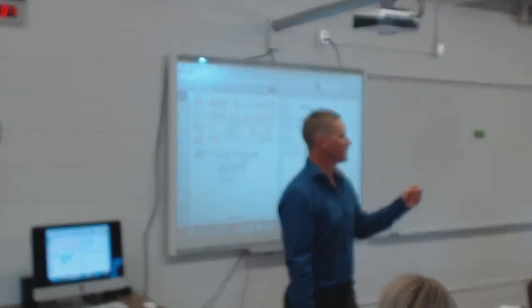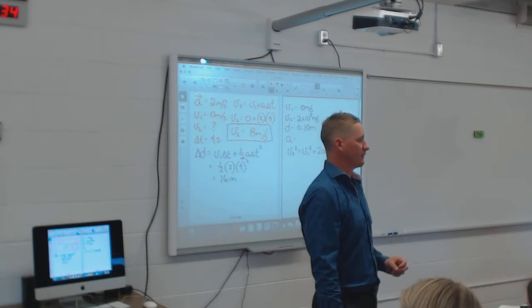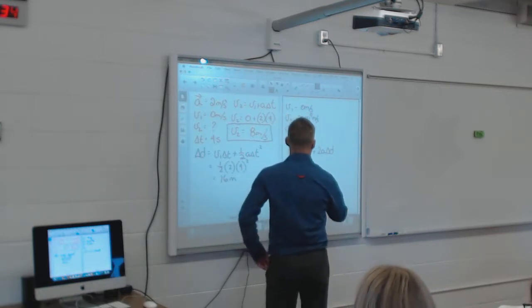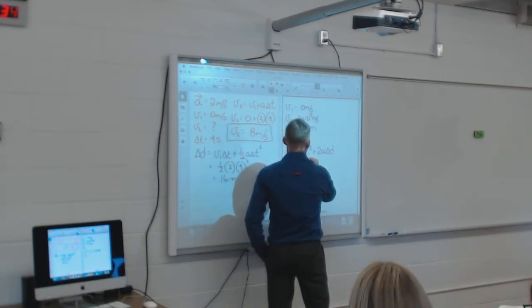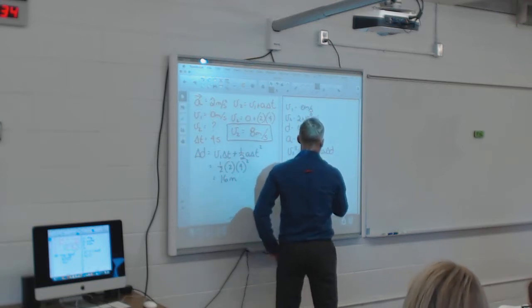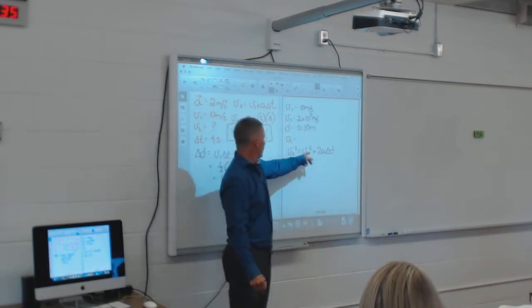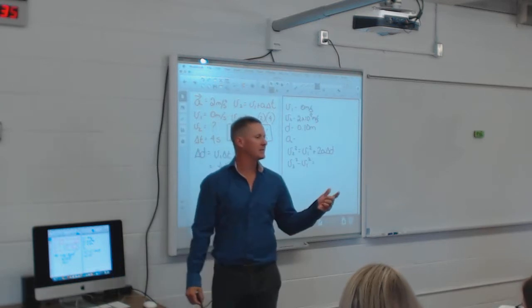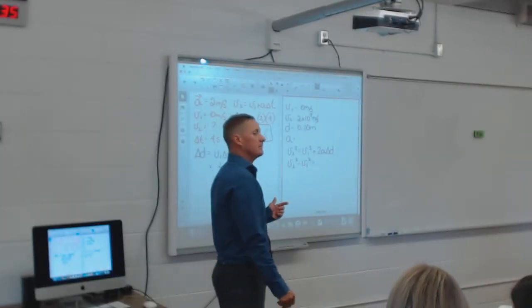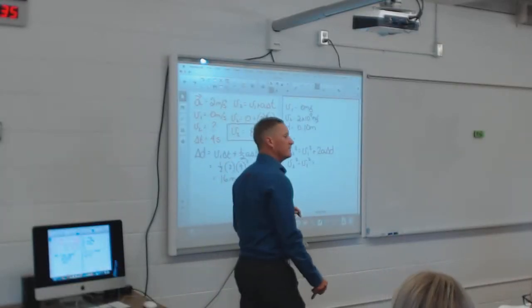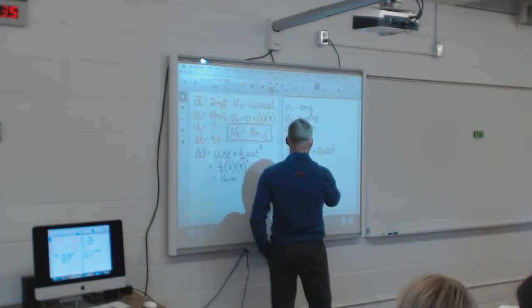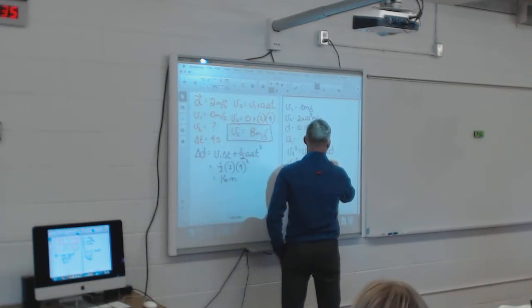You always start with add and subtract, and then divide is always the last thing, right? So, what do I get? I've got v2 squared minus v1 squared equals 2ad, right? So now that I got this on this side, what's the next step? Divide by 2d, right?